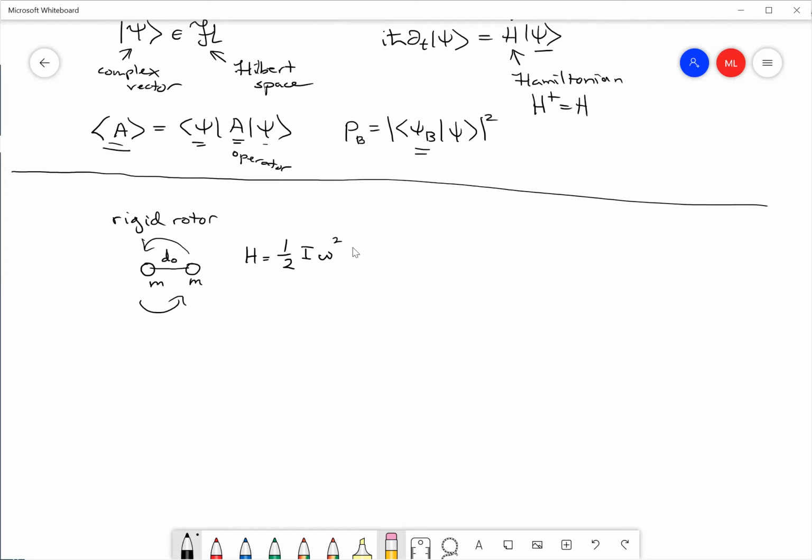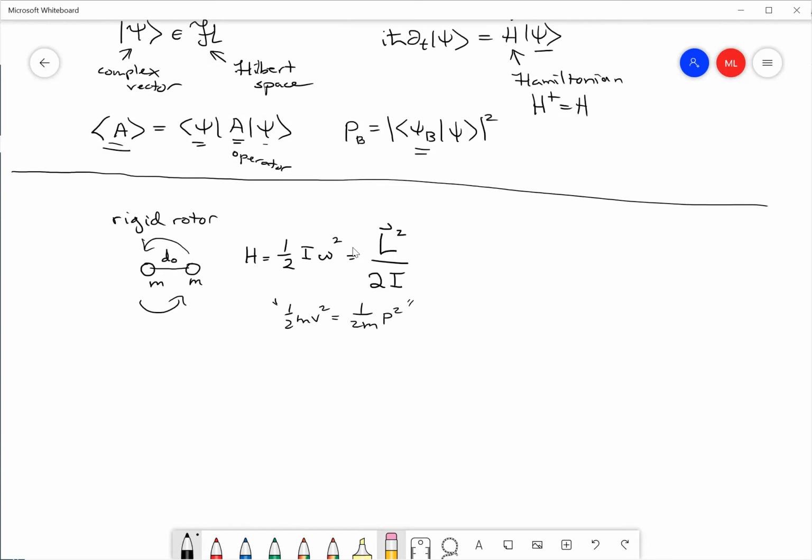You can rewrite that in terms of the angular momentum, the rotational version of momentum. So instead of p squared over 2m, you have L squared over 2I. It's just a rotational version, things you should remember from classical mechanics.